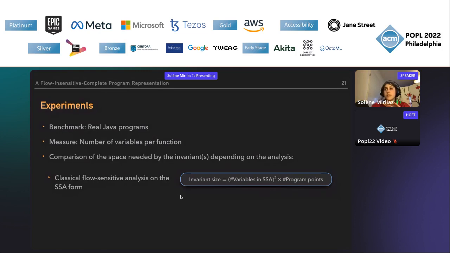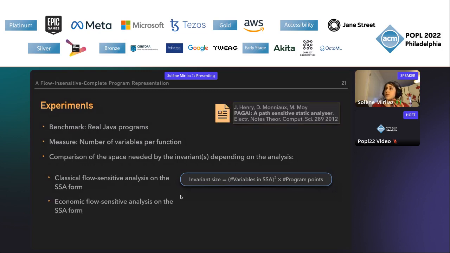Now, this is really a textbook analysis, and in practice, for example, in the tool Pagai, we do not track invariants for every program point because we know it's inefficient. So instead, we only keep the invariant at joining points because that's where you want to build your fixed point.